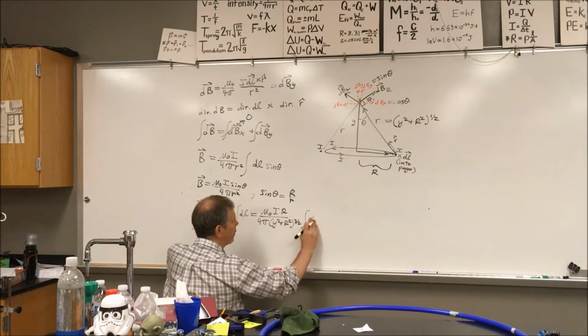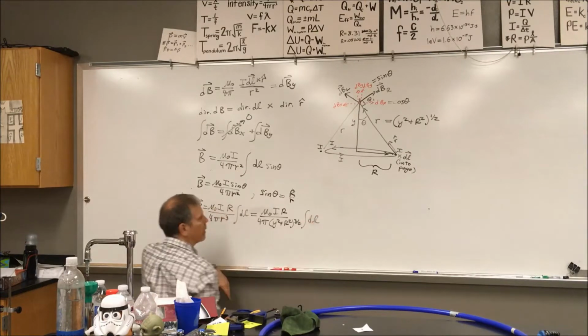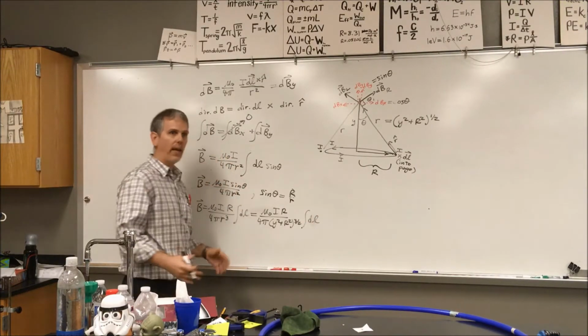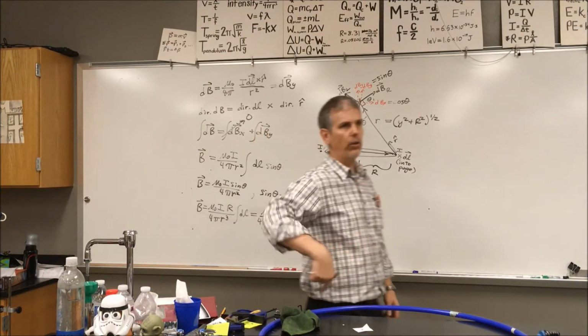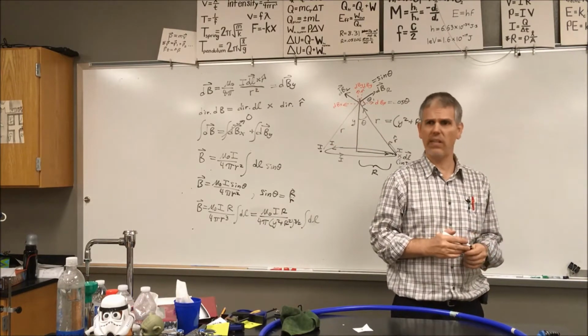And what is the summation of all the dLs? Just L around the entire loop. And what is the distance around the entire loop?